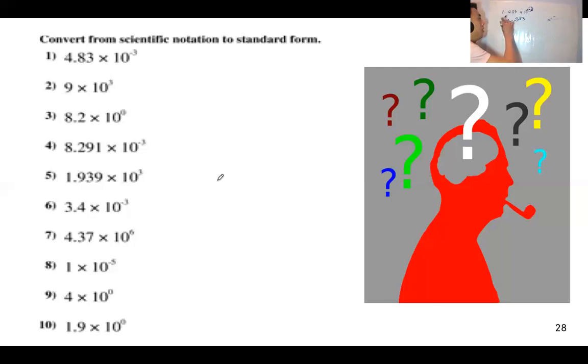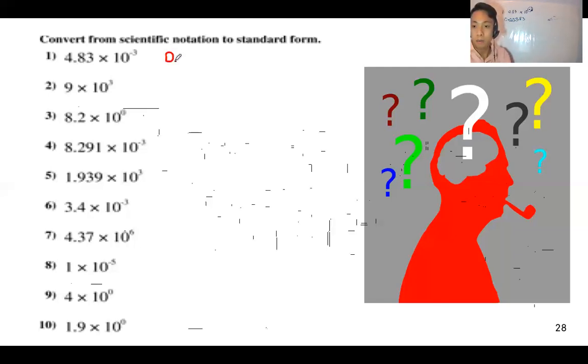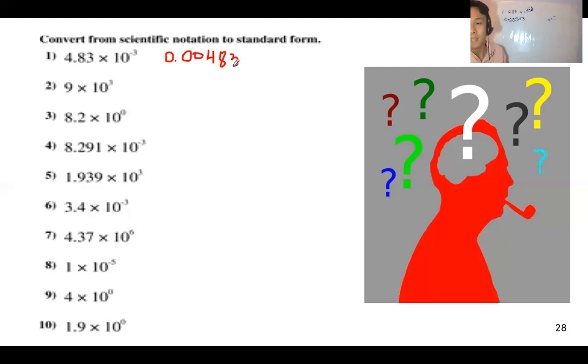No numbers, we need to put 0. And so the answer for number 1 is 0.00483. Okay? 0.00483. Check your own paper.